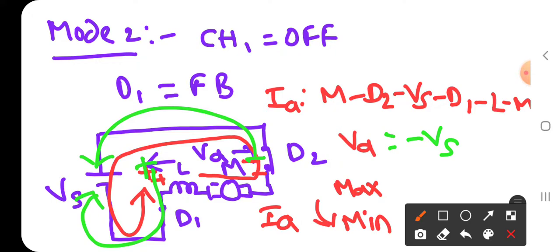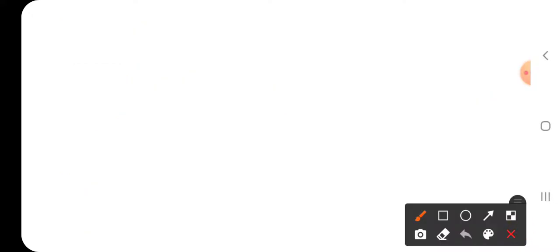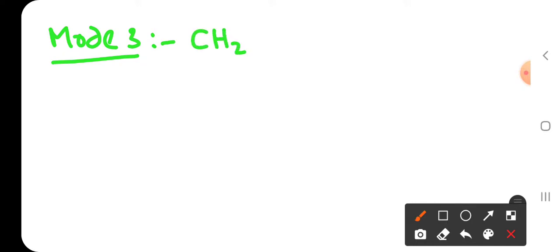Then mode 3. In mode 3, what do I do in this case? Chopper 2 is on. When chopper 2 is on, obviously D2 will be reverse biased.